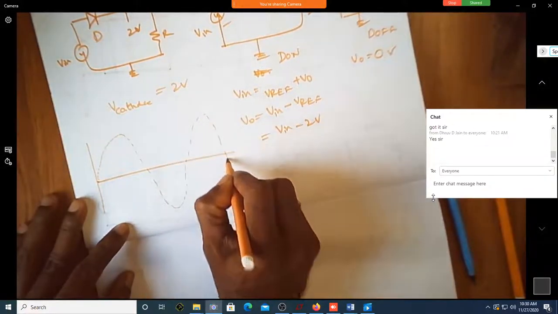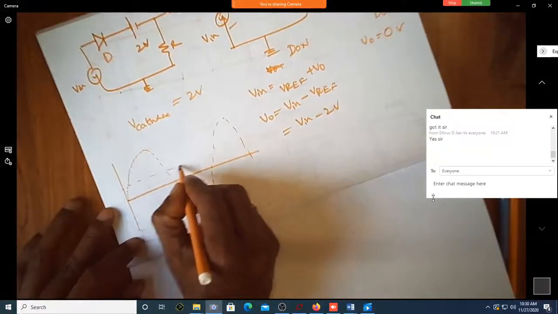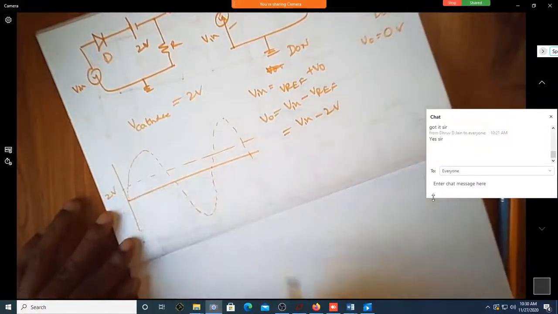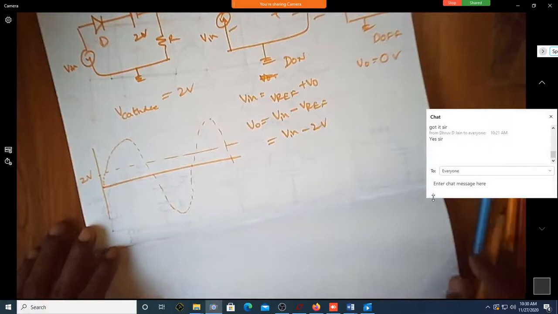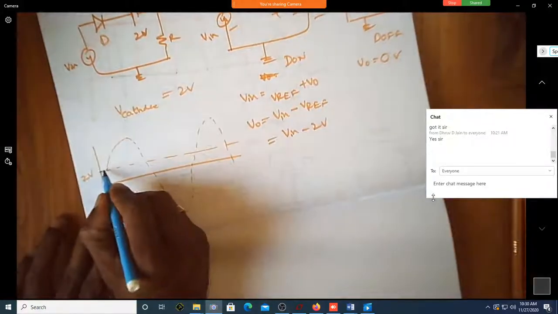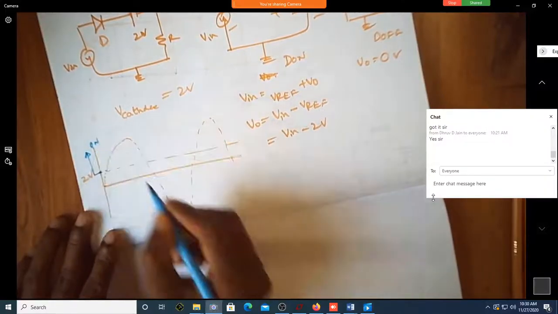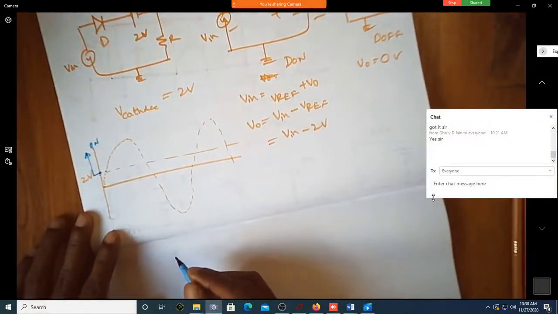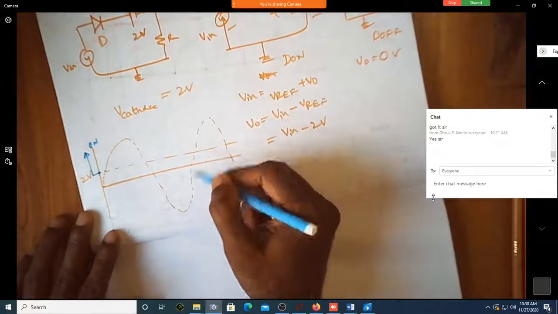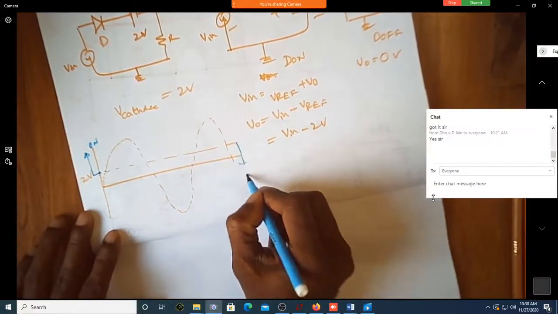Is this fine? Shall I write this as the 2 volt line? Correct? Any voltage above 2 is the diode on. Any voltage below 2 is the diode off.